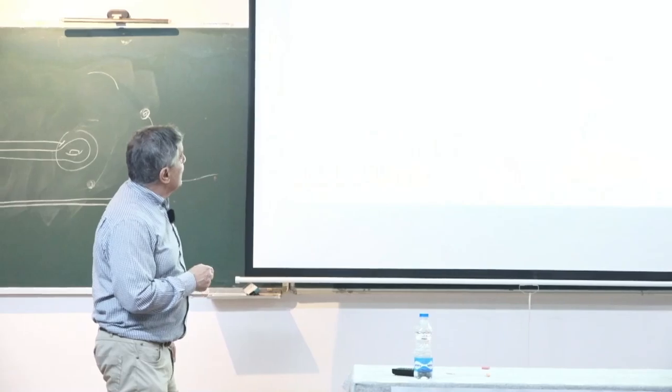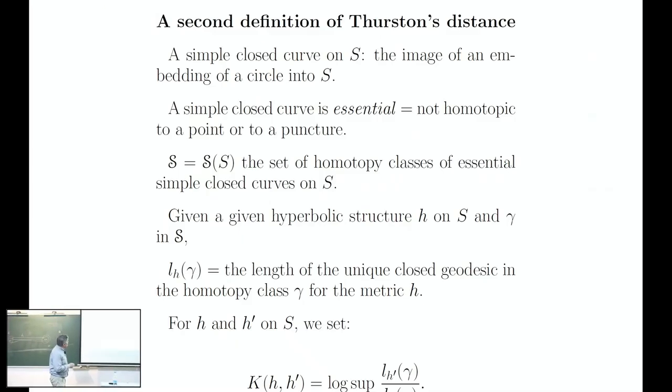Okay, so we already talked about simple closed curves. We say that it's the image of an embedding of a circle into the surface. And we said that we only consider essential curves, meaning that they are not homotopic to a point and not homotopic to a puncture.